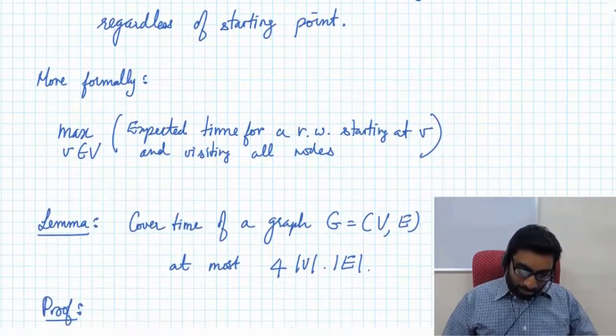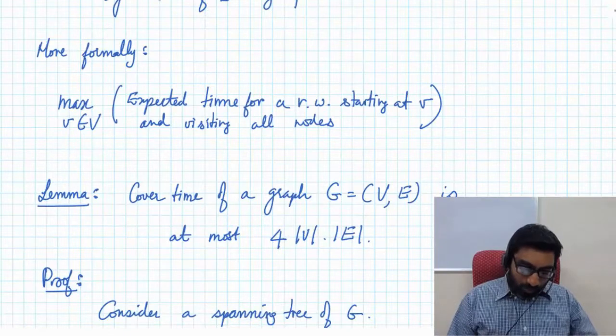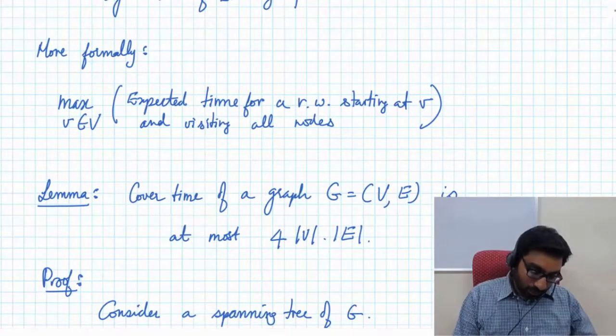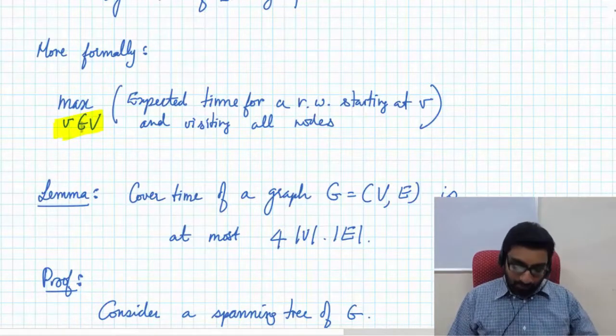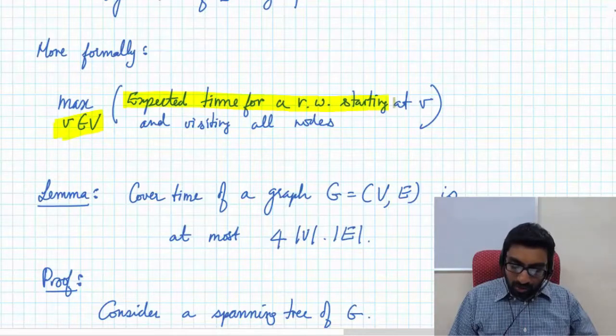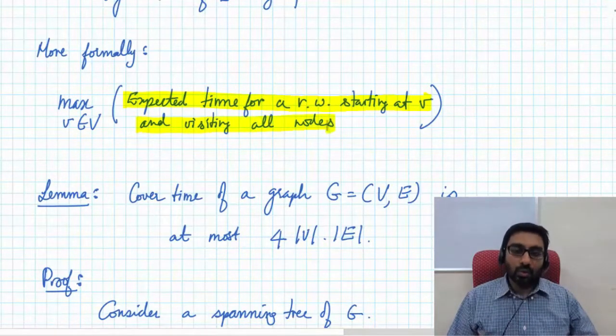Okay. More formally, it's the maximum over all vertices in the graph, the expected time for a random walk starting at v and visiting all the nodes. Okay.